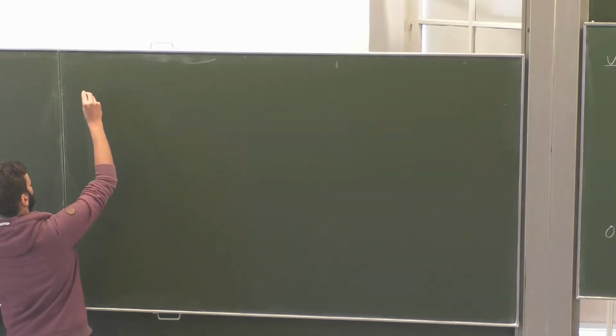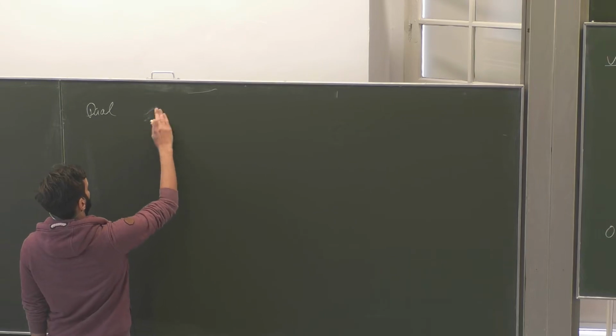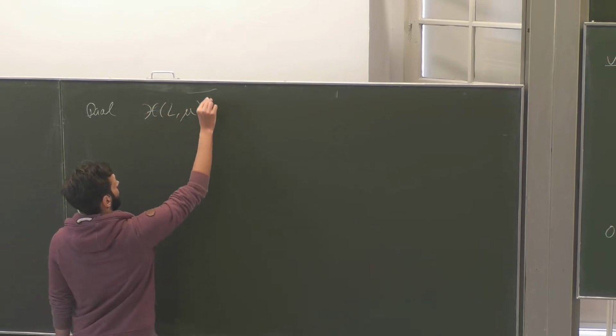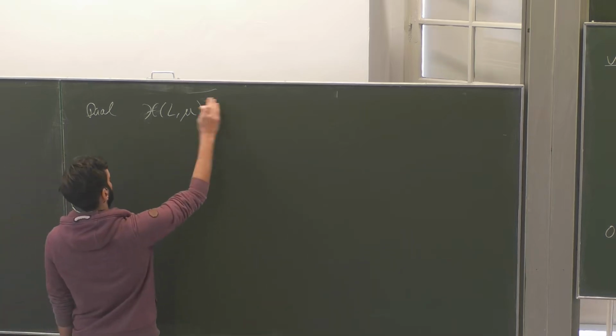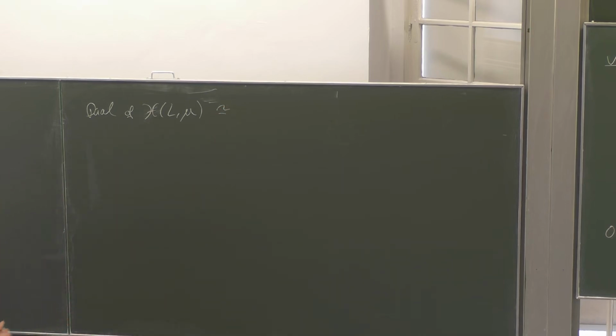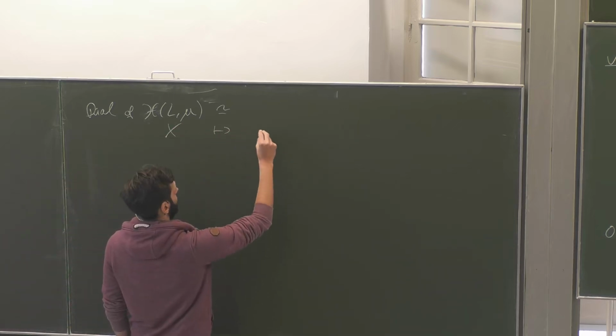Okay, so we need to clarify what the dual is. So the dual of the vector fields that preserve the volume form. And these vector fields that preserve a volume form, we can identify them with certain n-1 forms.